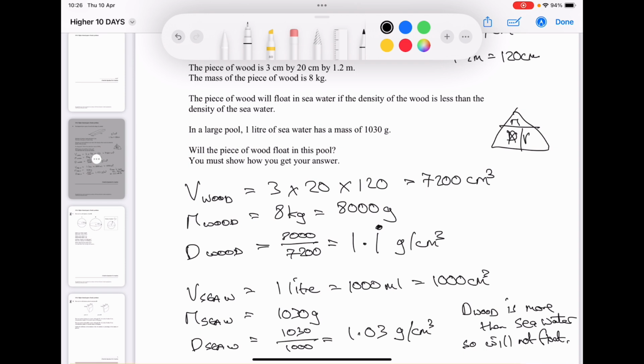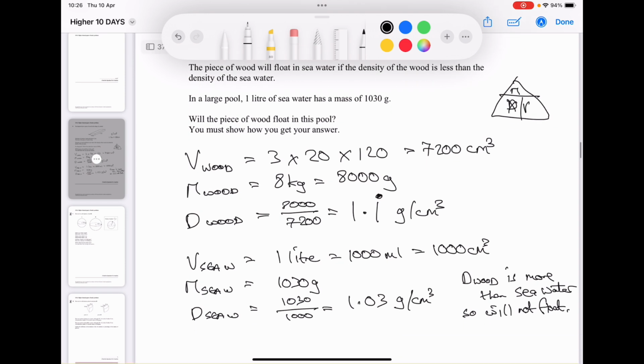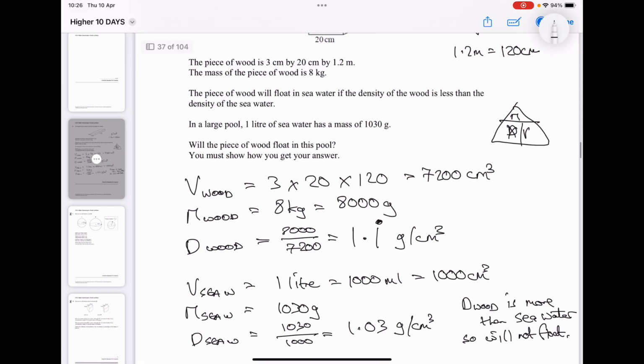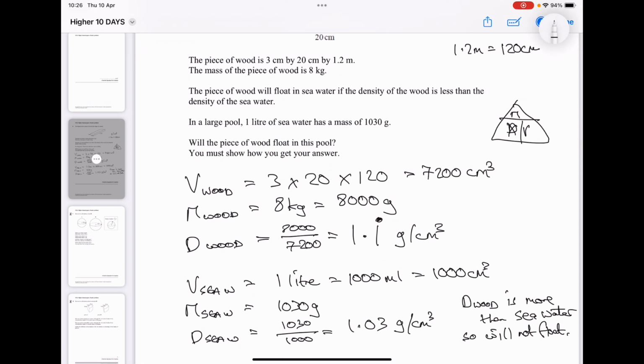Now when you look at these questions, that sort of makes me think that something's wrong, because I would probably have expected wood to float in seawater. Just checking that.